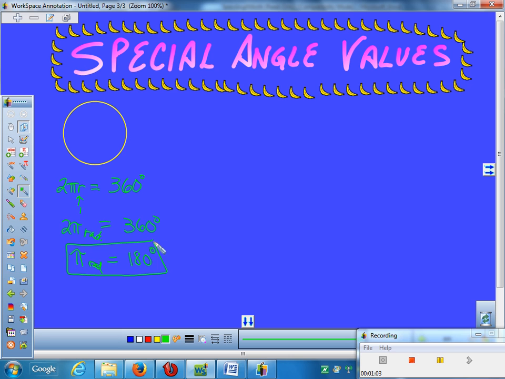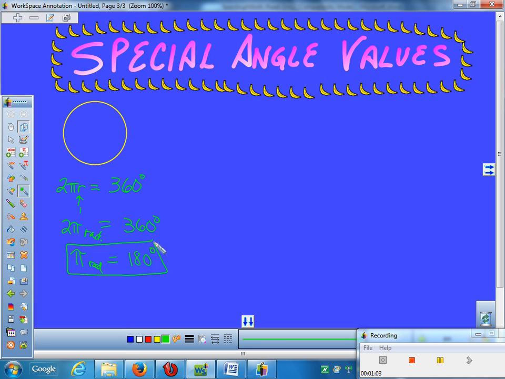Okay, obviously 0 degrees is going to be how many radians? 0. Okay, this is one we're probably not too common with. 180 divided by what gives you 45? 4. Yes. 180 divided by 4 is 45, so therefore pi over 4 is the same thing as 45 degrees.